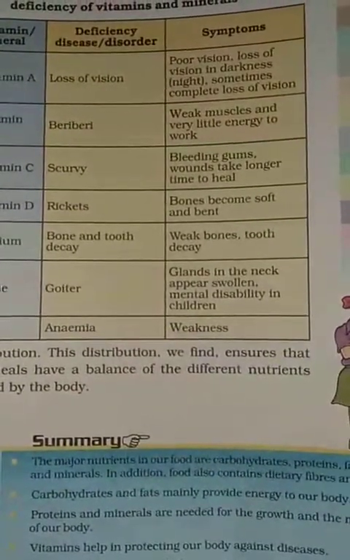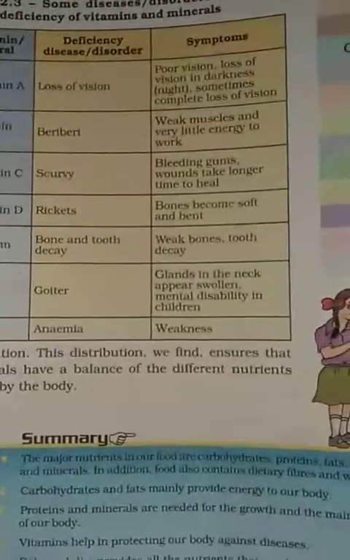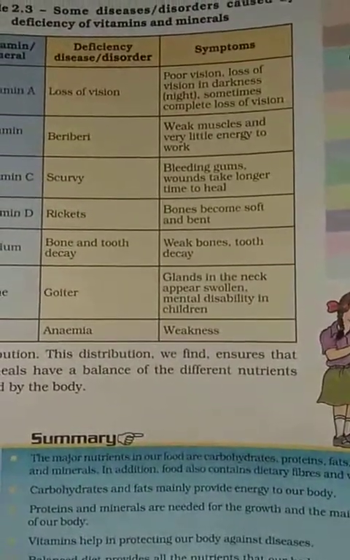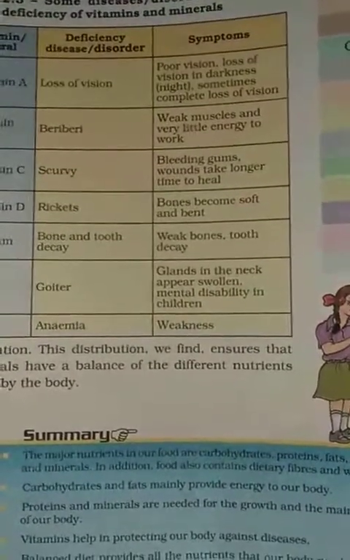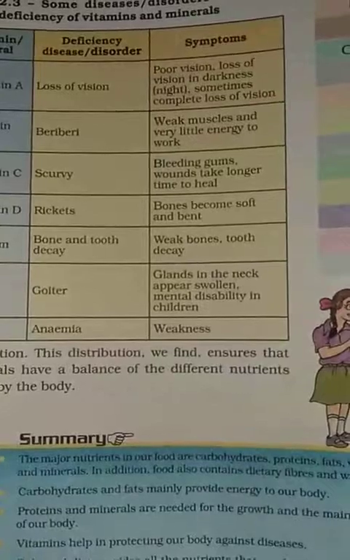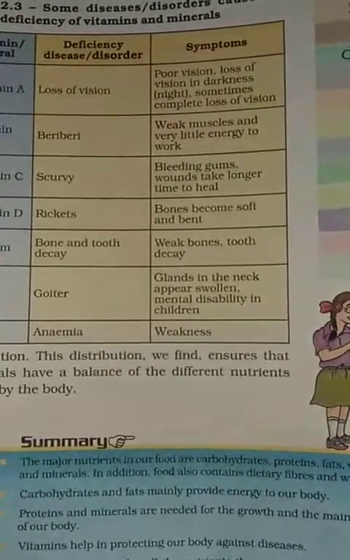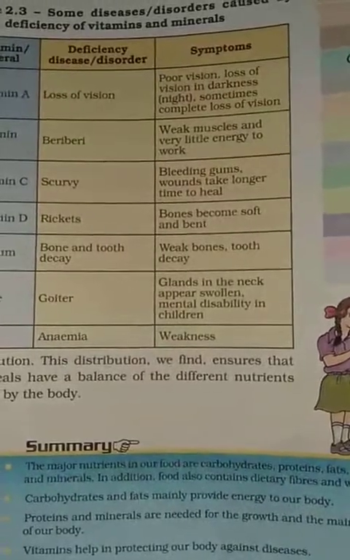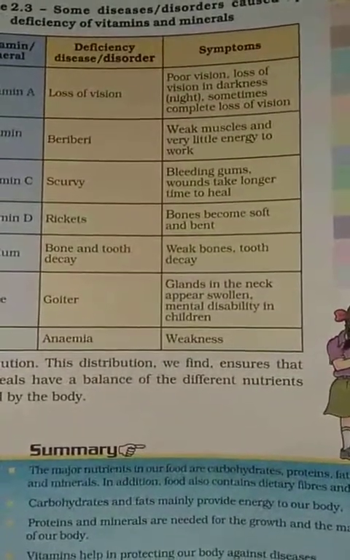That is because of less iodine in their body. Then mental disability in children. Due to less iodine, children may face mental disability. Iron, anemia. If iron is less in our body, we have to face weakness.